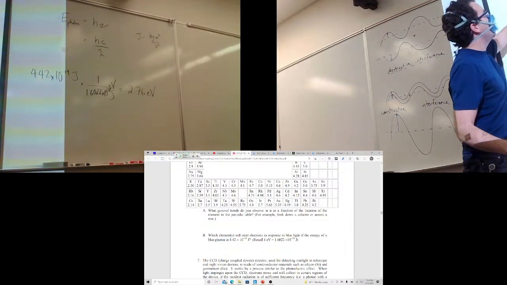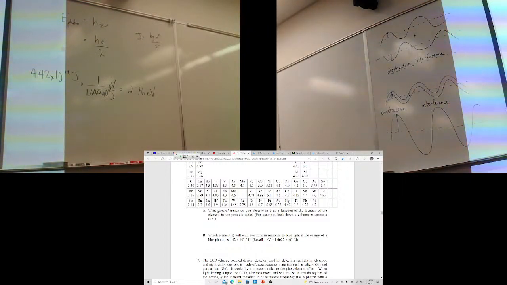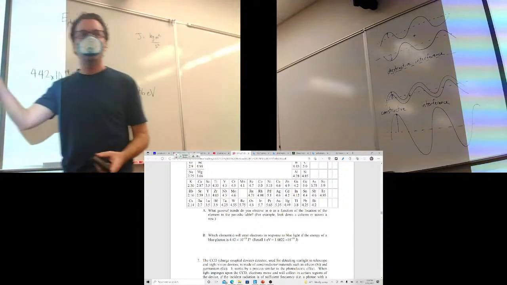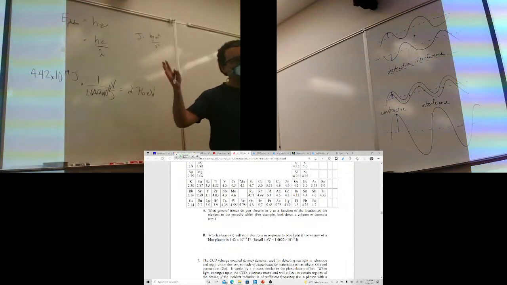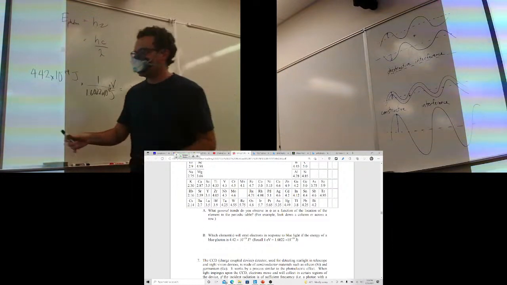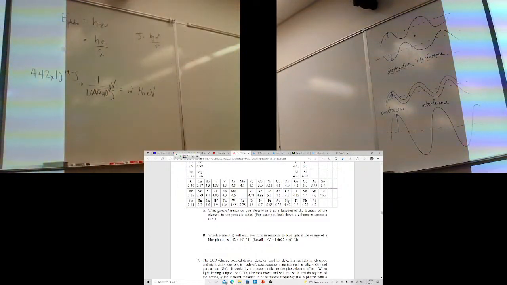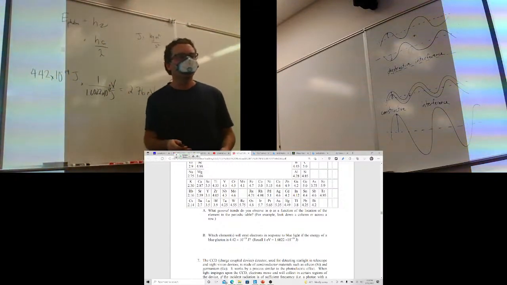So a lot of these over here, but that's it. Those are the only metals that blue photon could ionize. And that's kind of what we saw in the simulation on that Java applet. With sodium metal, you could get electrons to come out with blue light. But once we switched to zinc, nothing happened, because it takes a lot more energy to remove an electron from zinc.